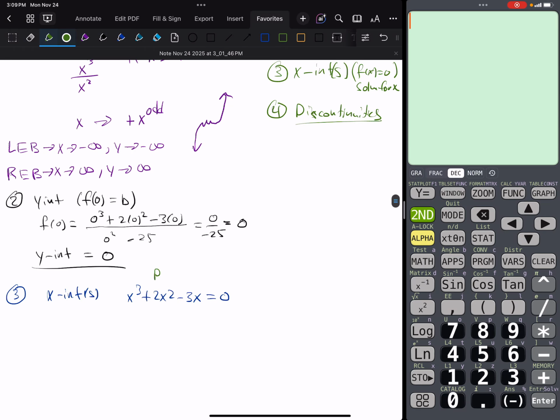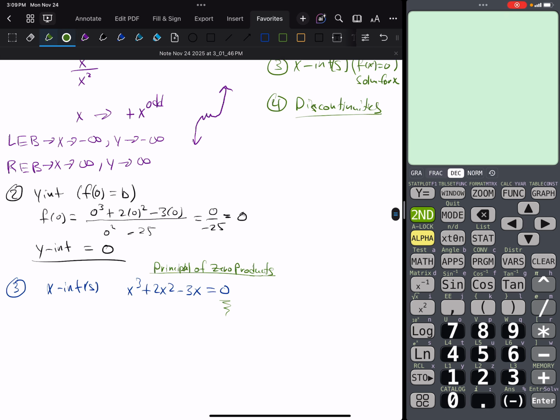And so what we really need to do is use the principle of zero products. Which basically means leave the zero on the right-hand side and try to factor this into where it's all multiplication. And once I can accomplish that, I can break those factors up into separate equations equal to zero. Well, the first thing I spot is there's an x in all three of those terms.